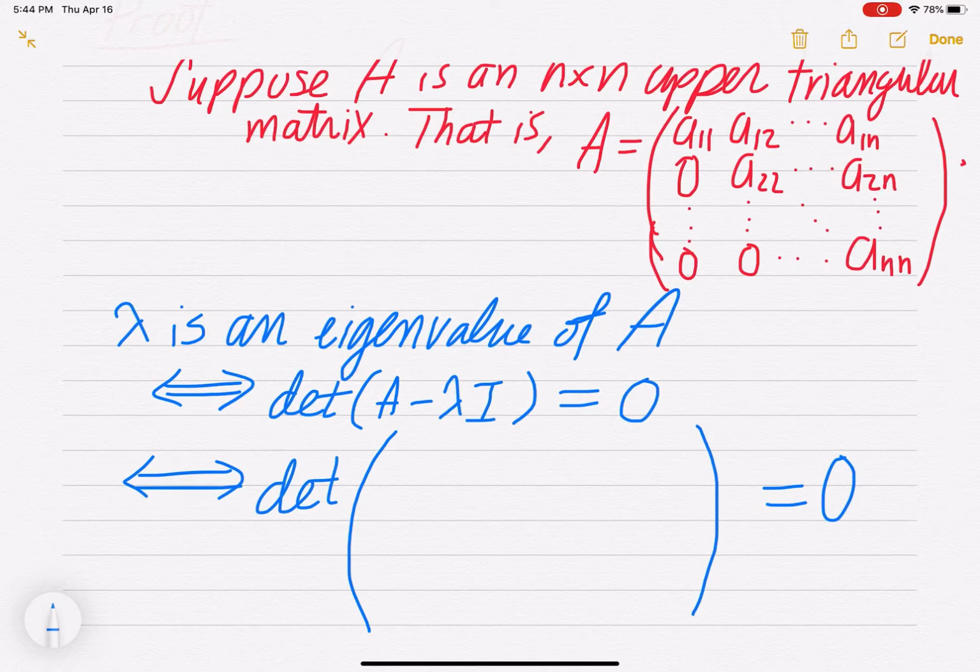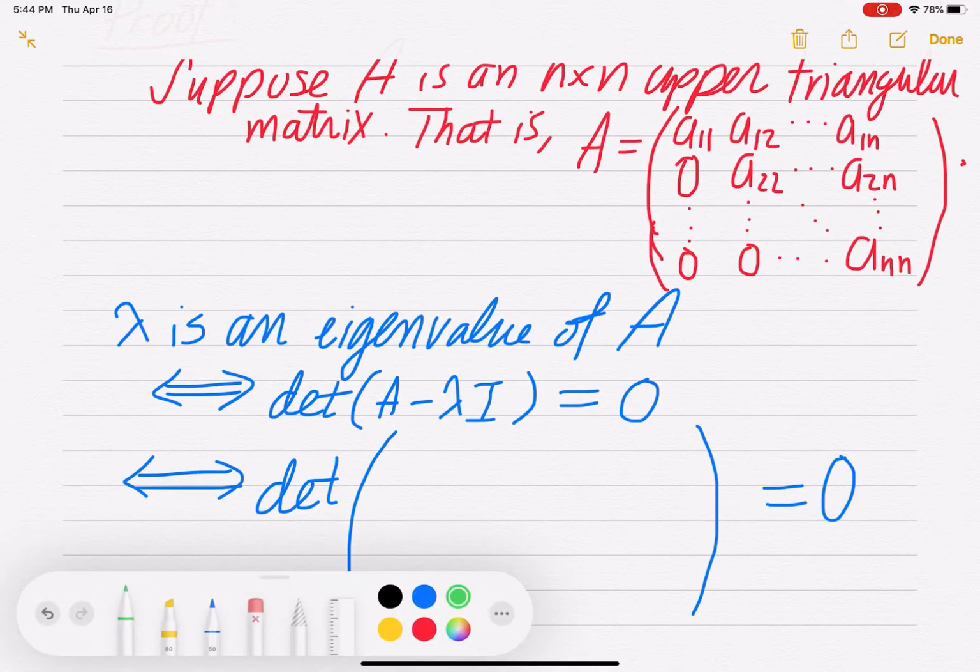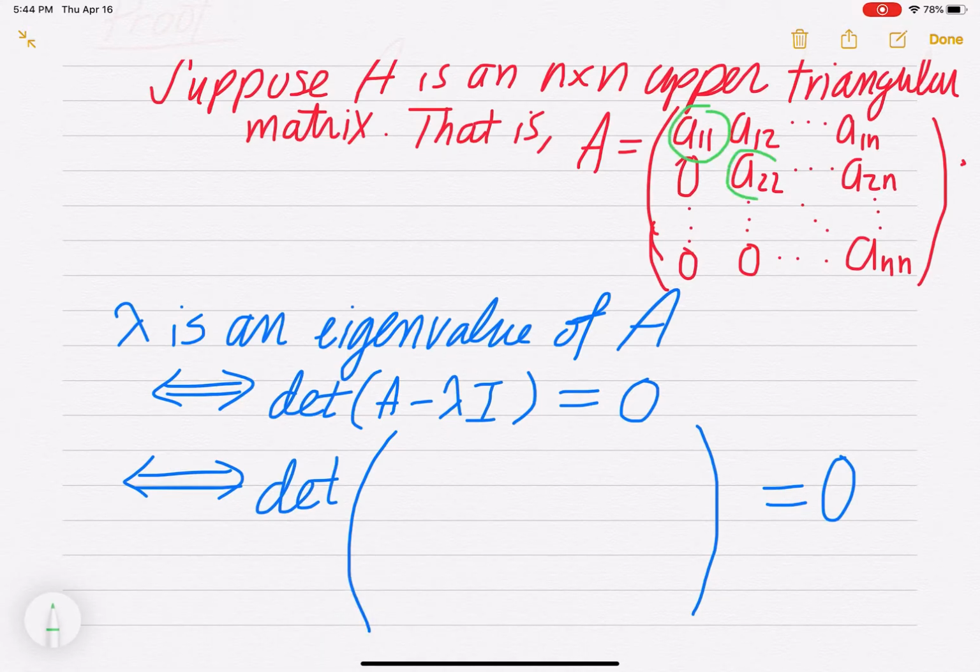That means I'm going to take my diagonal entries and subtract lambda from them. I'm going to have A11 minus lambda, A22 minus lambda, and so on down the diagonal, to Ann minus lambda. We have an n by n matrix, so the corner diagonal entry is Ann, and then we subtract lambda.